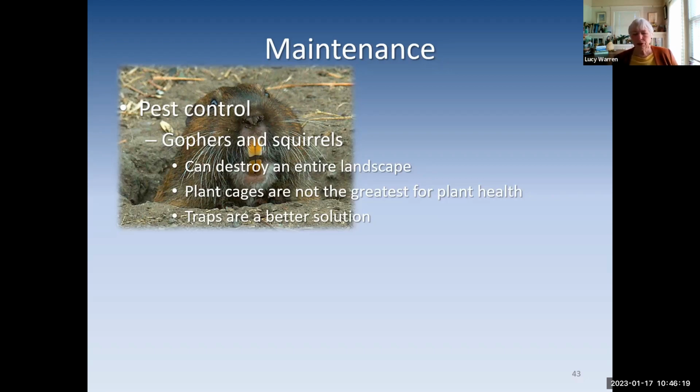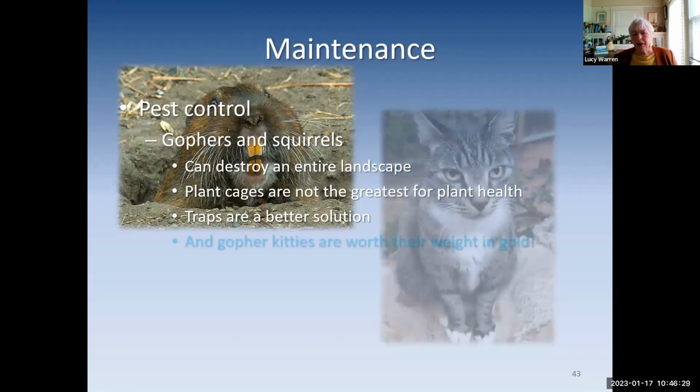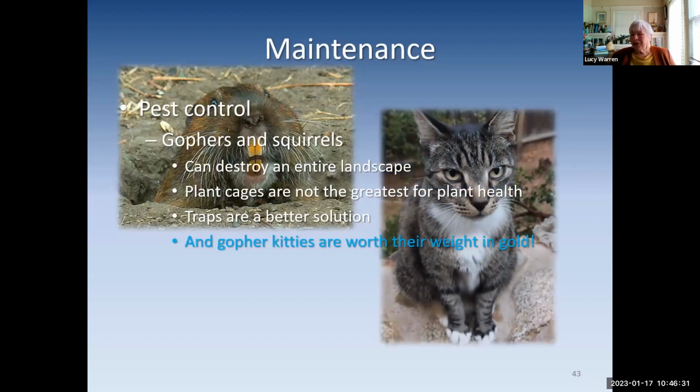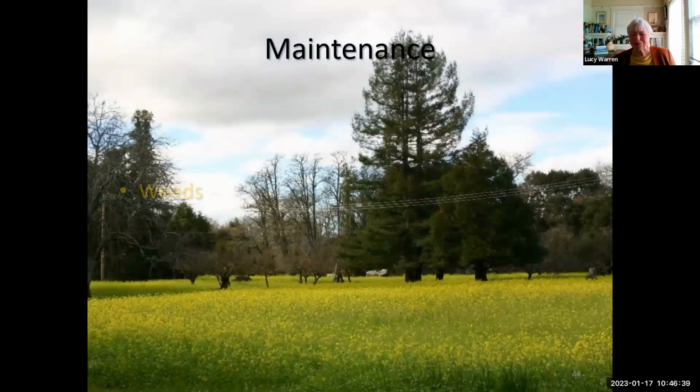Traps are a better solution. The black hole traps apparently are very effective. And if you're lucky enough to have a gopher kitty, that's another way that you can take care or maintain your landscape.